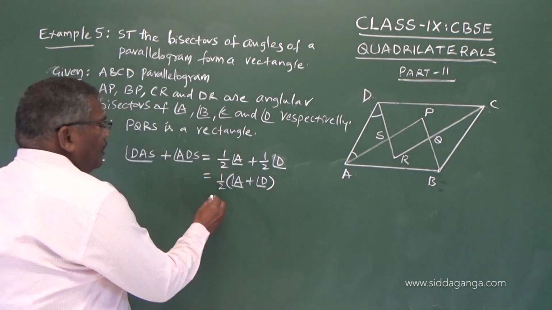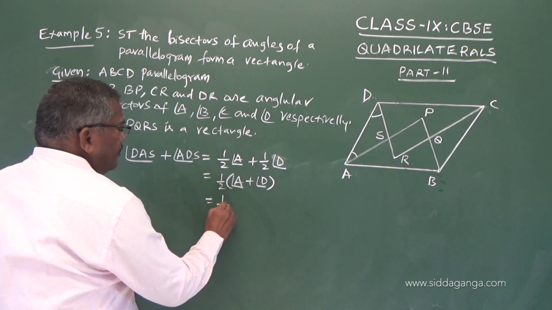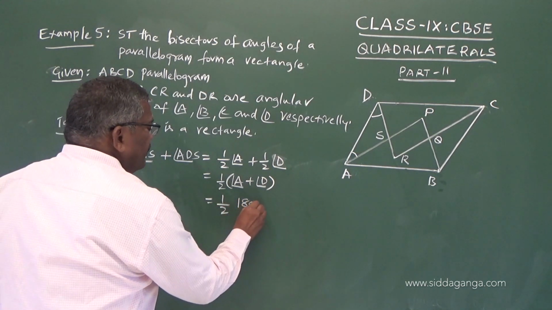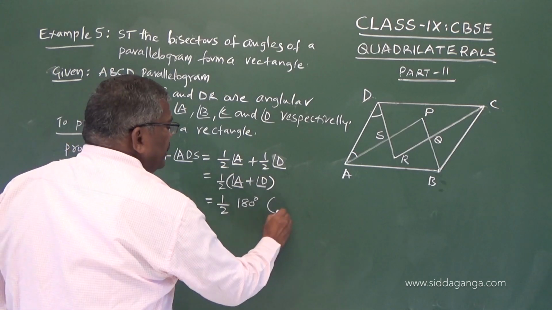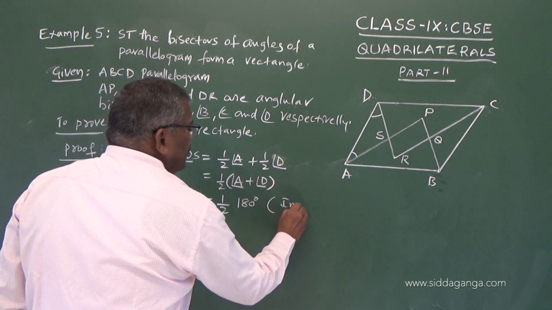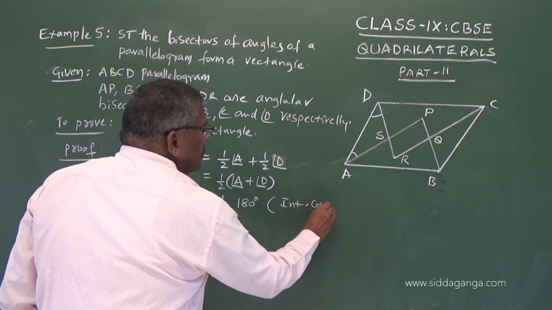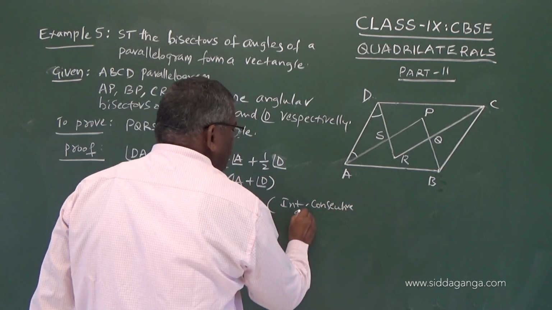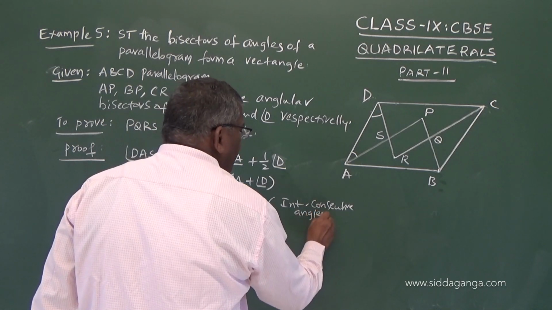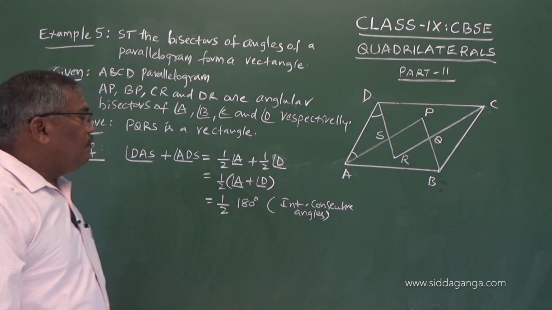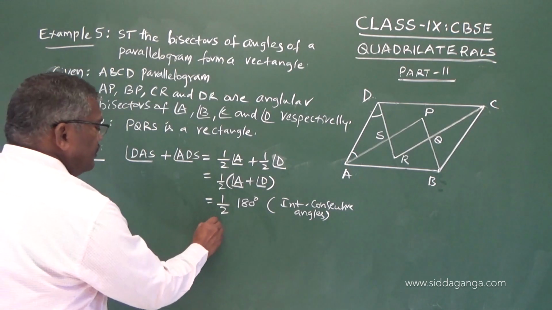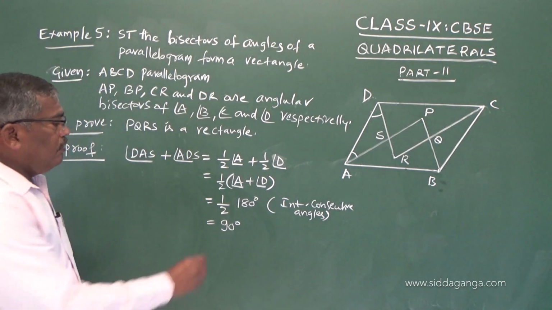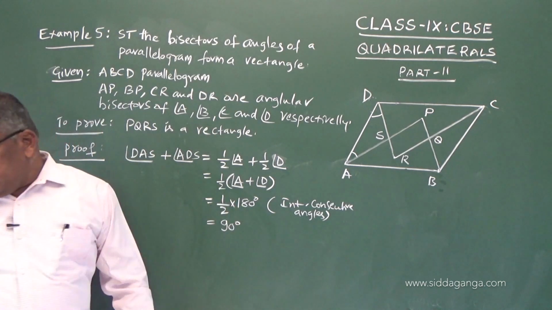So A plus D is 180 degrees, and half of 180 is 90 degrees.